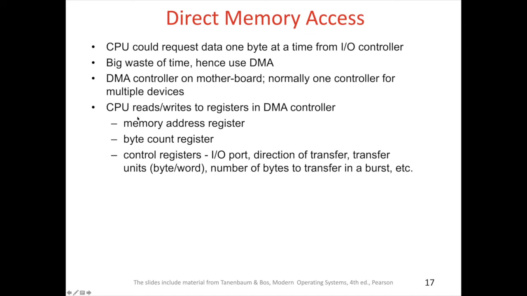The CPU reads and writes registers in the DMA controller. We have a memory address register, a byte count register, and also control registers, in which are the I/O port, direction of transfer, transfer unit, bytes per word, and number of bytes to transfer in a burst, etc.